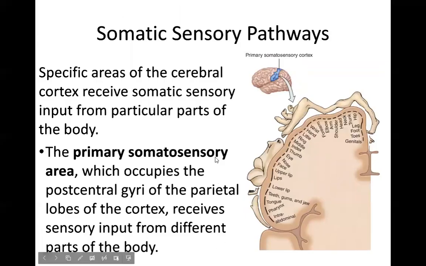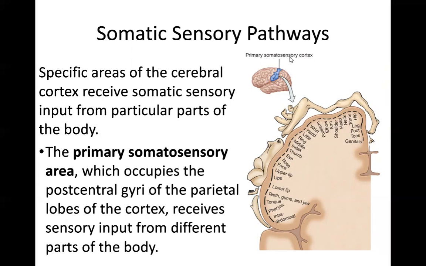Last thing, I believe, on somatic sensations is that primary somatosensory area. What we have here is a funky figure. What this illustration is showing you is a mapping of that specific area of our cerebral cortex, what we call the primary somatosensory area or primary somatosensory cortex.